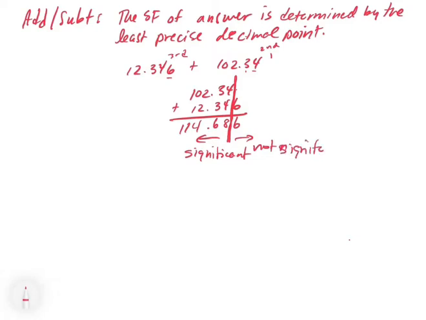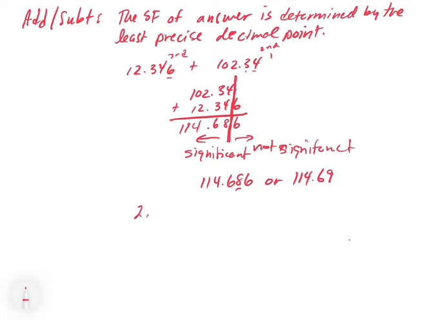Everything to the right is not significant, because that 4 is controlling the overall accuracy to the decimal points. So the way that you could report this is your first option would be 114.686 with a line underneath, or 114.69 would be valid ways of reporting that.